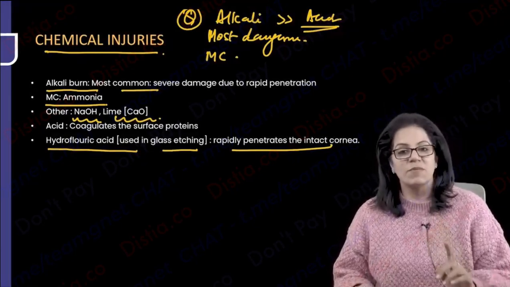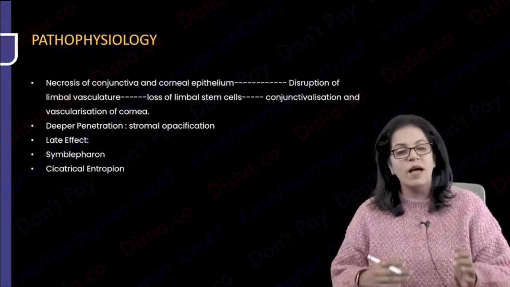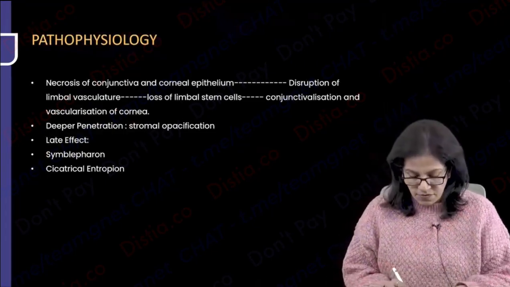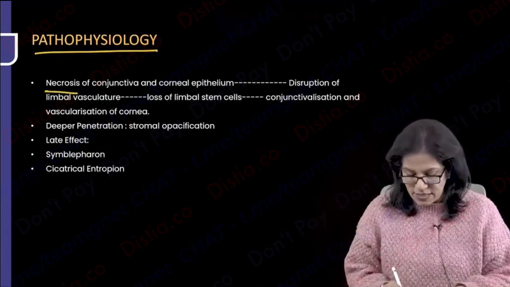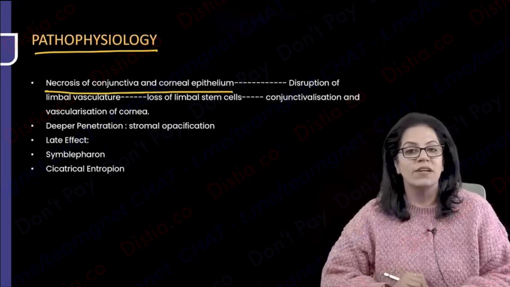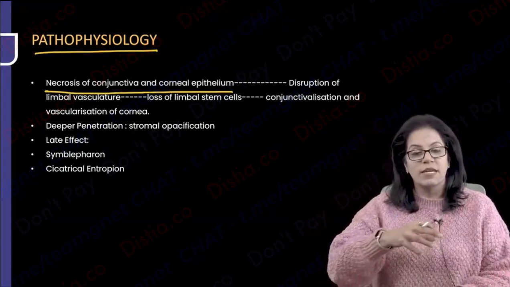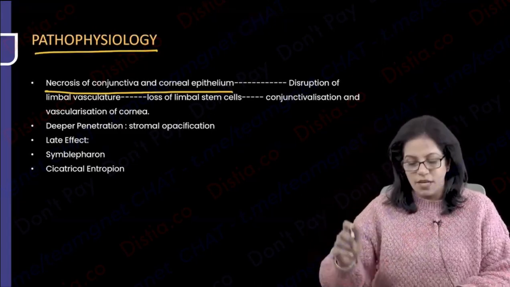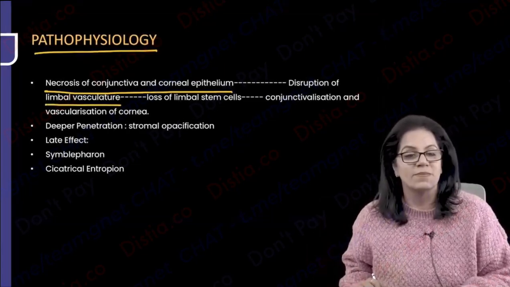So that was the first question about chemical injury, alkali or acid burn. Now when you talk about what happens due to alkali or acid burn, the pathophysiology, please note down in an arrow form. First, there is necrosis of conjunctiva and corneal epithelium. When there is necrosis of conjunctiva and corneal epithelium, this disrupts the limbal vasculature.